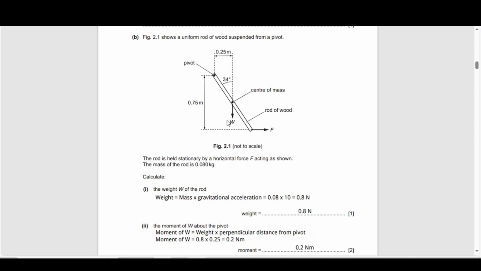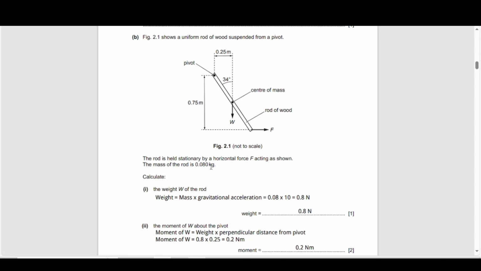They've also shown you clearly that there is the weight of the object acting downwards. The center of mass is 0.25 meters from the pivot, and there's a force F that acts 0.75 meters from the pivot, and it acts horizontally. The rod is held stationary by a horizontal force acting as shown.